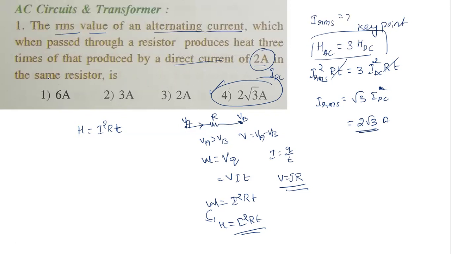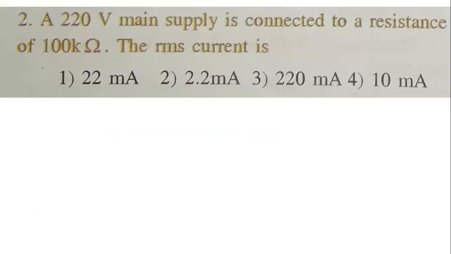That is what is given in the question. Okay, let's go to the next question now. A 220 volt main supply. Remember one thing here: whenever the question is given, it's always the RMS value. Keep it in our mind. Unless they mention the peak value, it will be taken as the RMS value always.